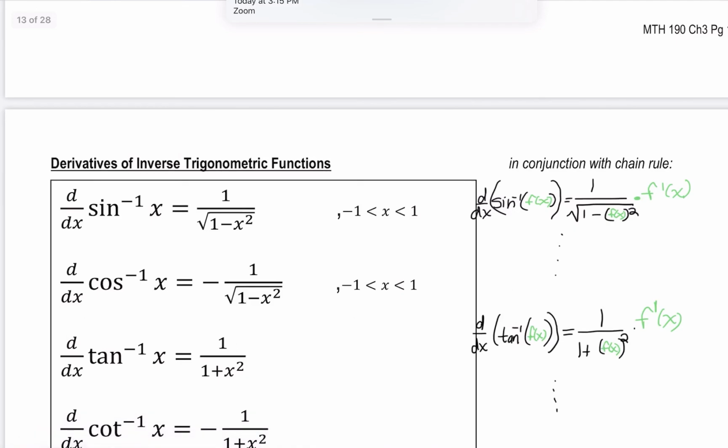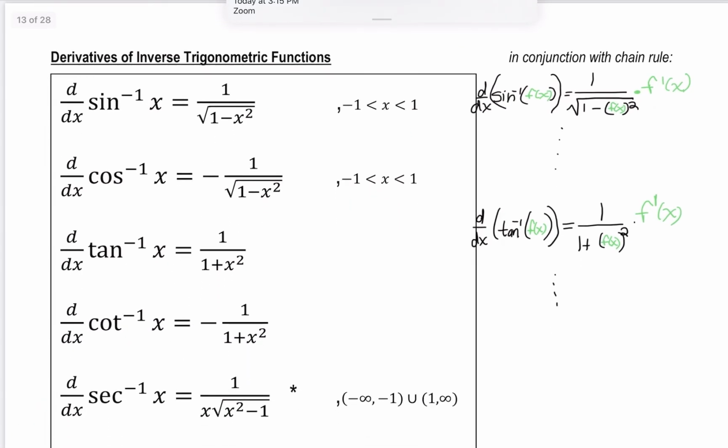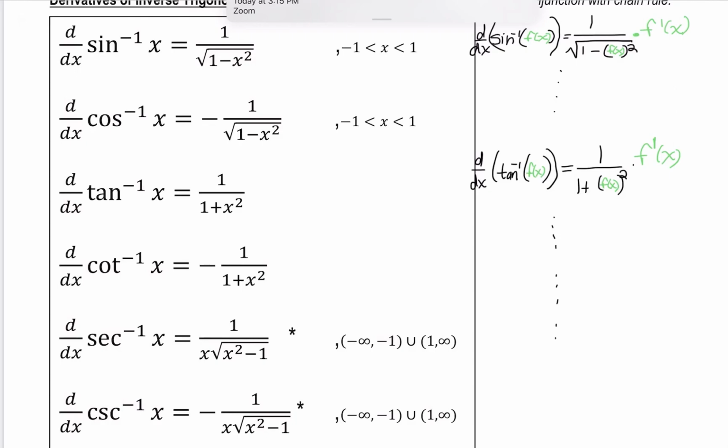And let's continue here. We'll write out dot, dot, dot, and then we'll maybe go down to the very last one here. So let's say we had the derivative with respect to x of cosecant inverse of f of x. And so that one, again, its derivative of the outside looks like negative 1 over, and then there is an x on the outside, so that would now be an f of x on the outside of that square root function.